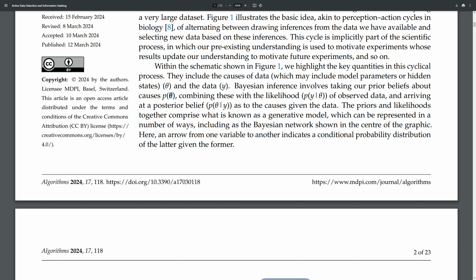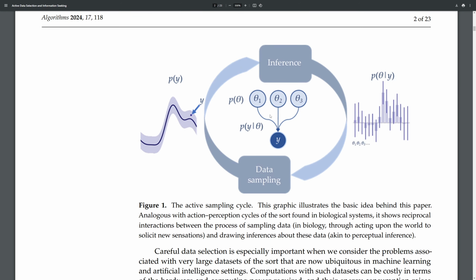There's going to be the likelihood, which is the distribution of the data based on our parameters, and the posterior, which is the distribution of our parameters based on what we've seen. So we can see that right down here, where there's going to be some data that we observe, and based on what we perceive, there's going to be some parameterization trying to describe what it is that we saw. And this is going to be the model right here.